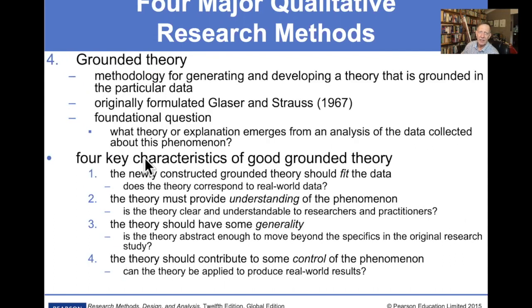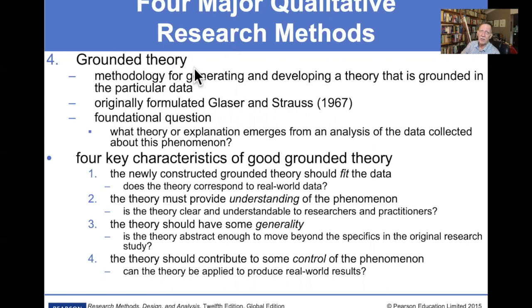Right. Then the last of the major qualitative methods, grounded theory. It's a methodology for generating and developing a theory that is grounded in particular data. Now, it's an abductive process. I've got data and I need to formulate a theory that fits that particular data.